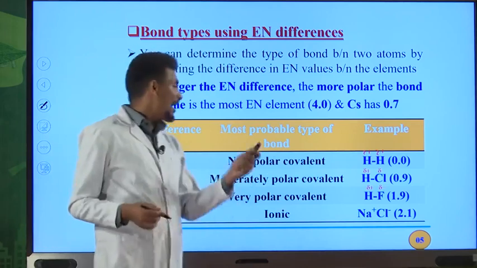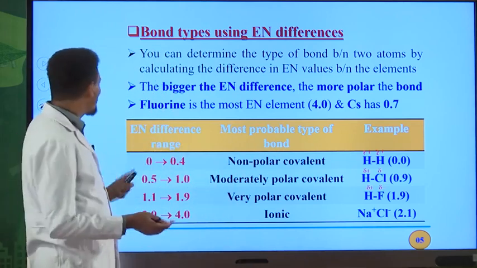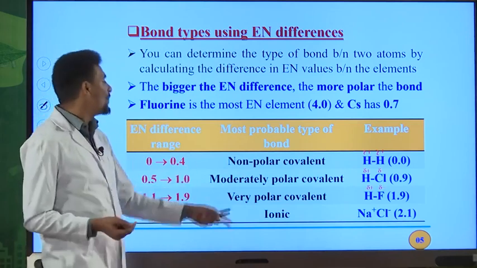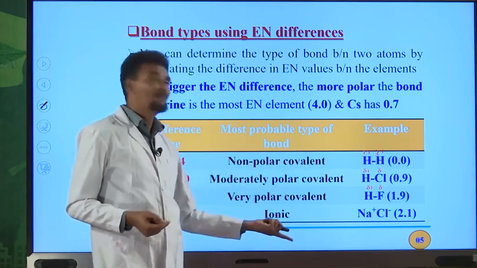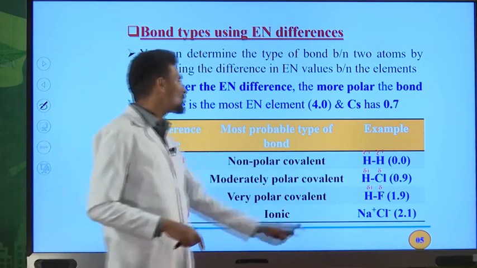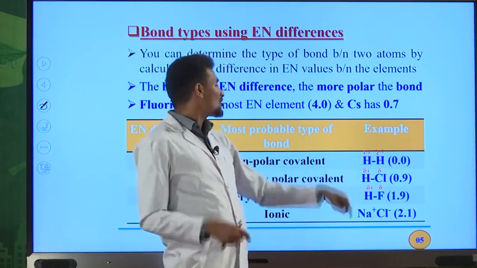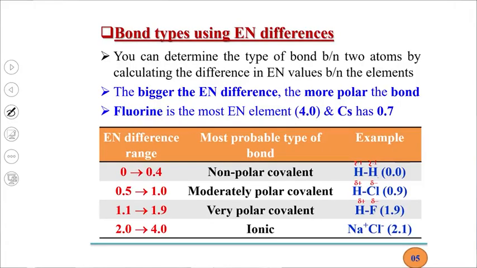We will also see another example. If the electronegativity difference is between 0.5 and 1.0, the bond is a moderately polar covalent bond. For example, look at HCl. The electronegativity of chlorine is 3.0 and that of hydrogen is 2.1. 3.0 minus 2.1 is equal to 0.9.